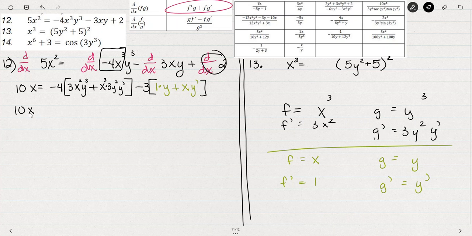I'm going to step carefully with my algebra, distribute this -4, -12x squared y cubed minus 12x cubed y squared y prime. Distribute the -3, -3y minus 3x y prime.